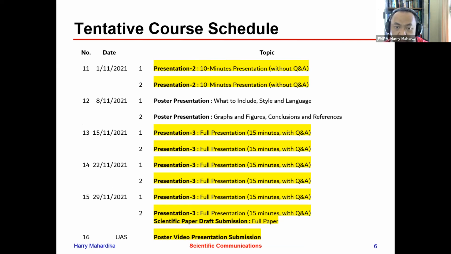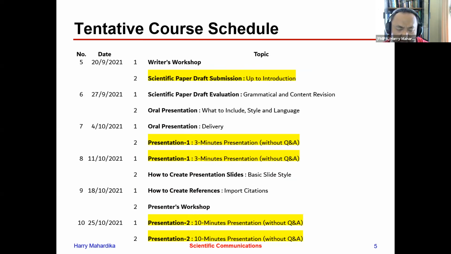Okay, and keep in mind that this schedule is going to be tentative. If I'm evaluating your progress and I see that you are not prepared, and a workshop needs to be held before we do the presentation, then our presentation schedule for the 10-minute talk will be postponed a little bit, so that the number of students presenting in each session will be a little bit increased, but we're going to manage everyone.